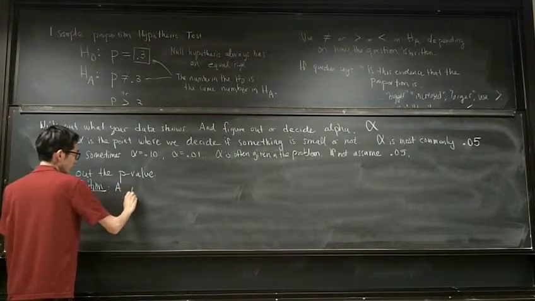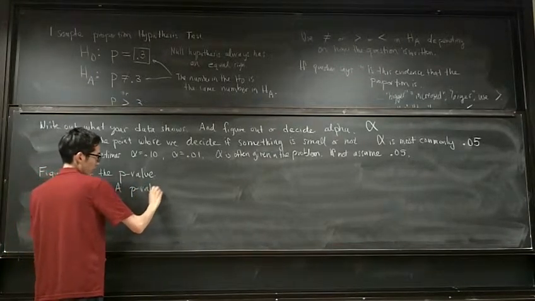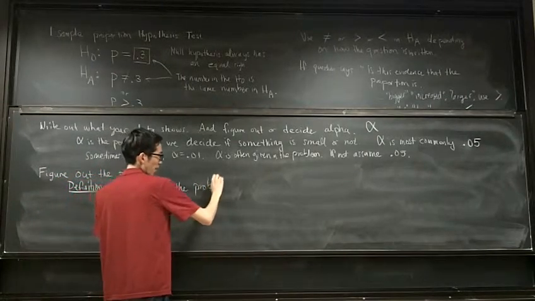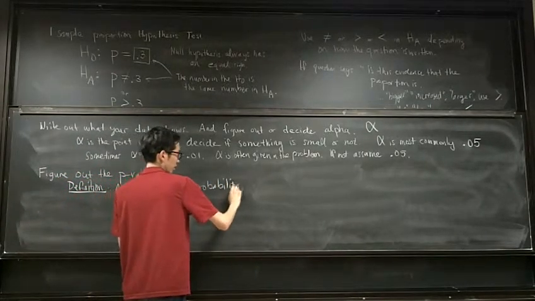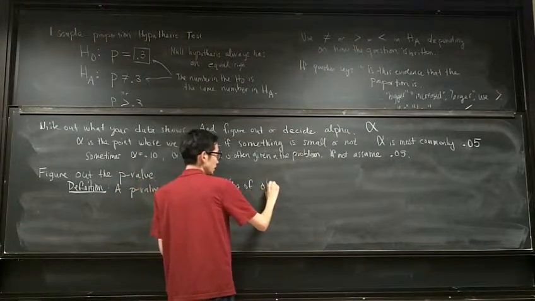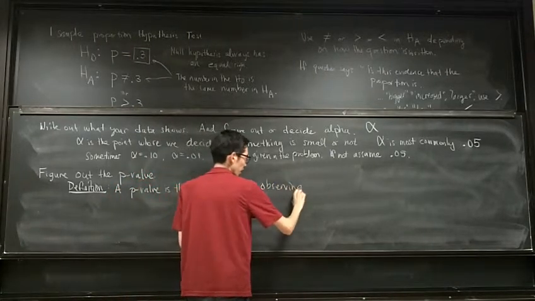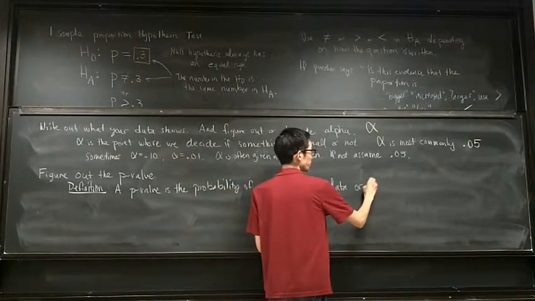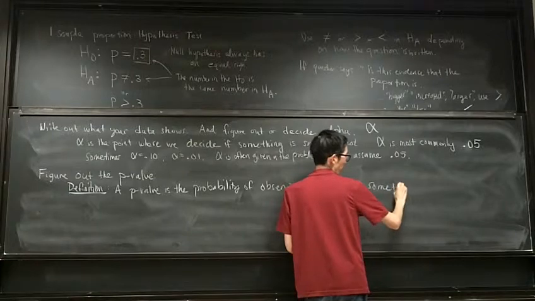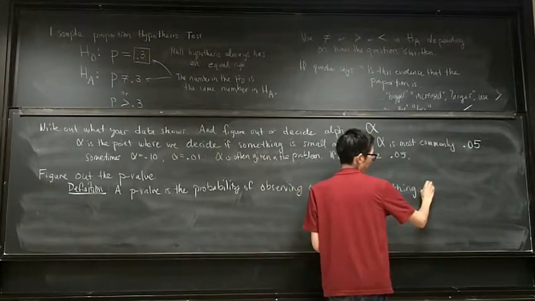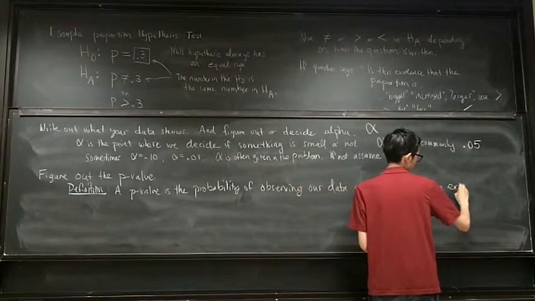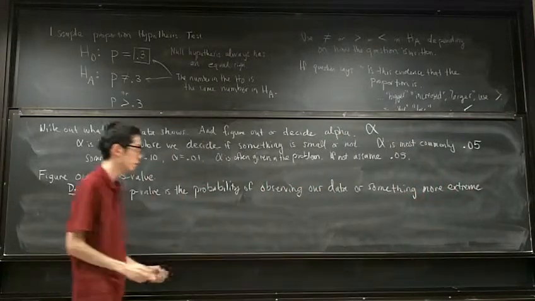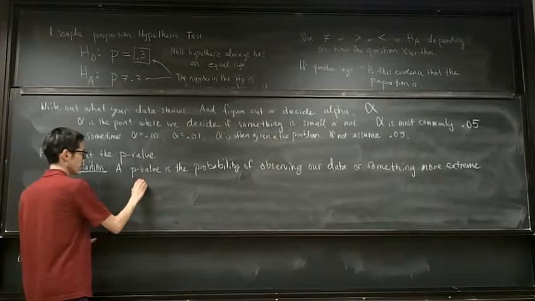A p-value is the probability of observing our data or something more extreme, if we assumed that the null hypothesis were true.